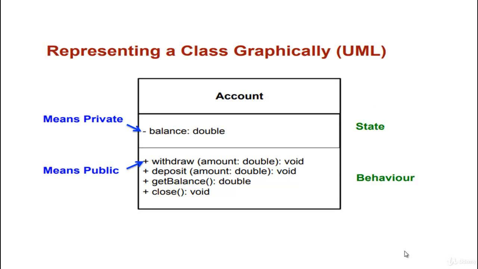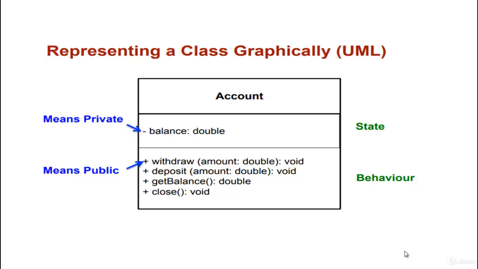So this is the way we have account, and we have the state such as balance. So here the dash means private. And for behavior, we have withdraw, deposit, get balance, and close. So the behaviors are public. So we have kept the state private using the dash, and we have the behavior public.